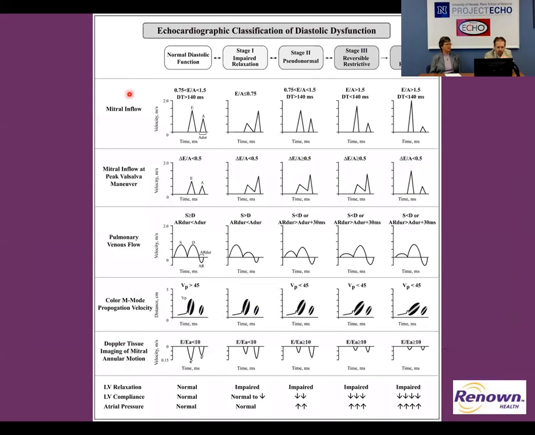You can look at what I was showing you, mitral inflow, E to A, and there are phases of diastolic function. Now we have excluded stage 4 and mostly graded 1 through 3, but then you can use the valve, you can have them Valsalva, that will change their E to A wave unless they have a restrictive physiology. You can look at pulmonary vein flow and tissue Dopplers, all these things. So it's very complicated, I'll say.